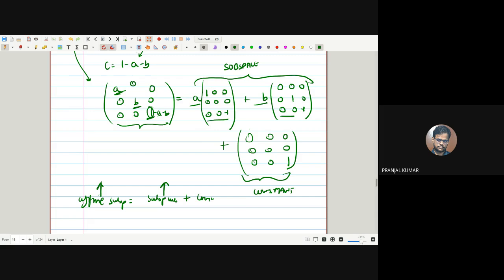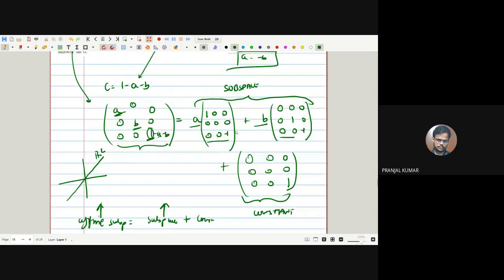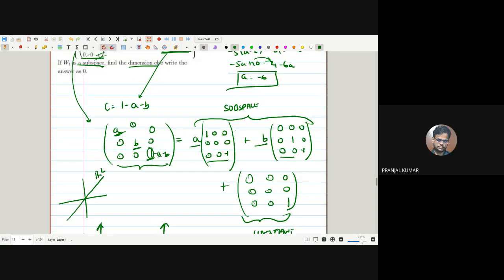See, what is an affine subspace? Suppose you are in R2. How are we getting -1 in that subspace's diagonal value? First of all, forget there is a 1 here. I told you that in place of A, you will place 1. There is a minus in front of it, that's why it's -1.